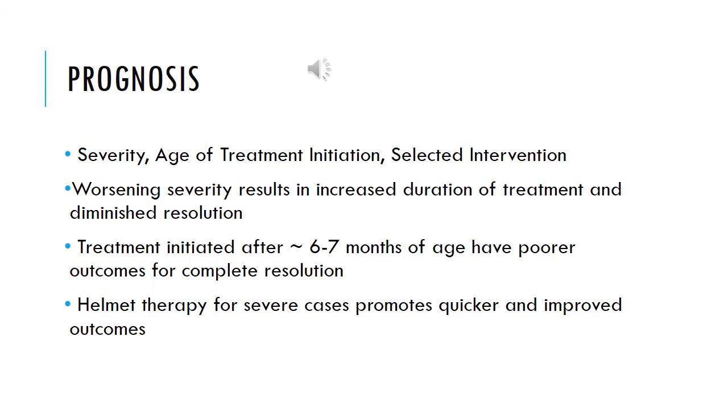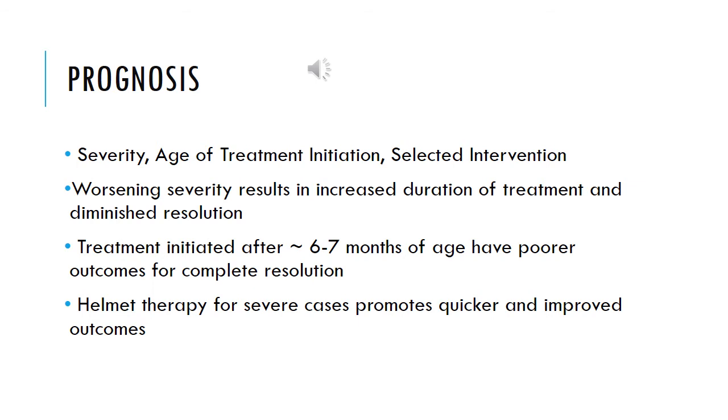From a severity perspective, if you think back to the classification scales, the Argenta scale that we talked about, as well as some of the cranial vault asymmetry indexes, you can imagine that as the severity worsens, you're going to need a longer episode of care, and it's likely that the child will not receive complete resolution.